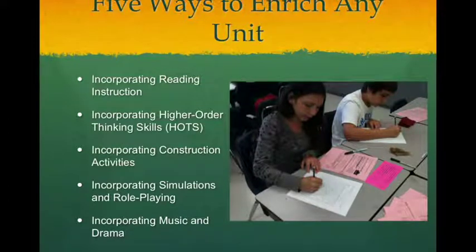Incorporating simulations and role-playing, I can't speak enough about how important it is with social studies. Once again, we're talking about something that sometimes is several hundred years removed from our students. The best way to have them understand is to have it hands-on, have them live it, have them do a dramatization, put them in the role of those people. Because the whole goal of simulations is about having them feel something.